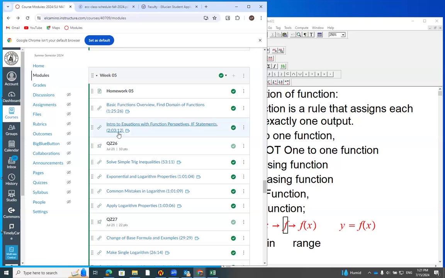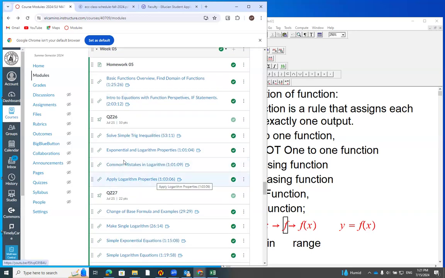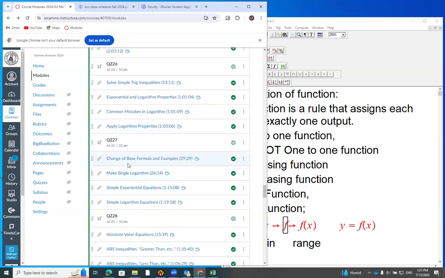This lesson is longer, about 2 hours, so you may like to break it down as you watch it. These are still focusing on those other functions we studied before, but in a different context. And we get to study their properties: change of base formula, logarithm properties, and so on.